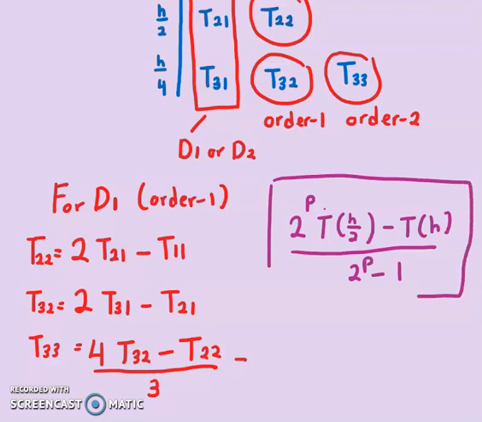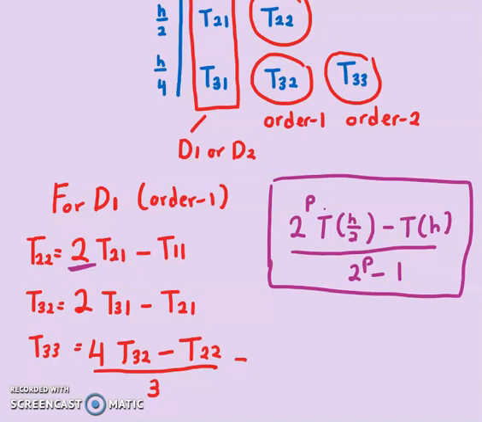This is the standard formula for extrapolation. The step in one term must be half of the other, so you can have h over 4 and h over 2, it'll be the same thing. For D1, since it's order 1, p is 1, so that's why I have 2 in the front here, because 2 to the power of 1 is 2, minus 1 is 1.